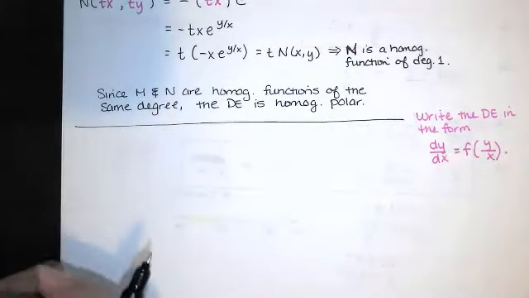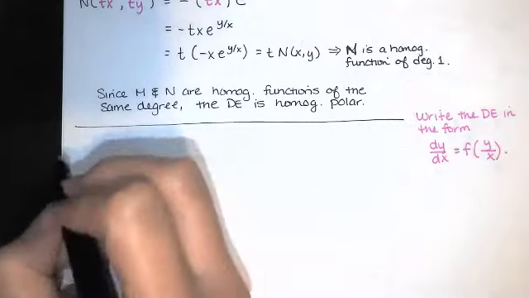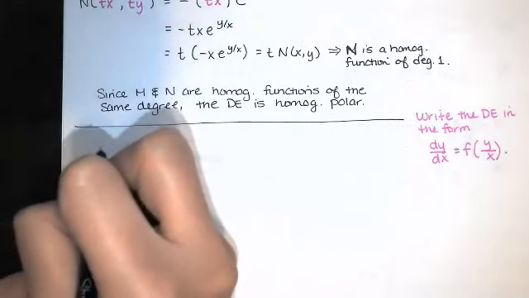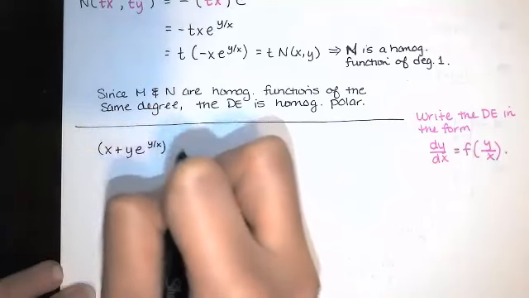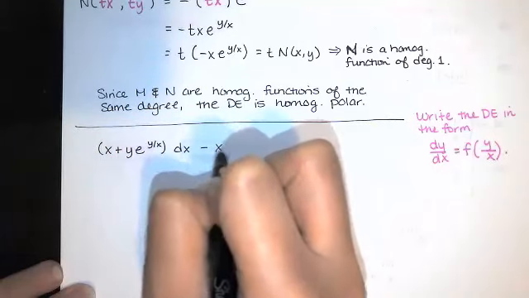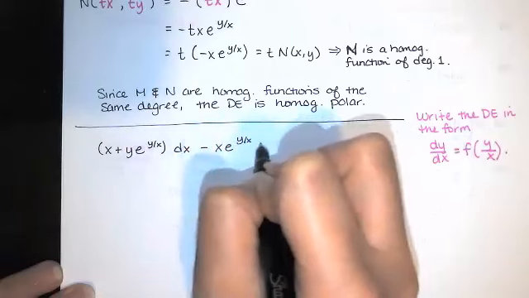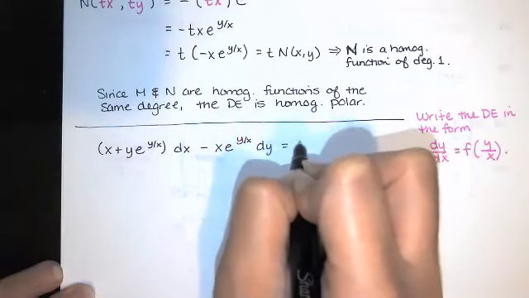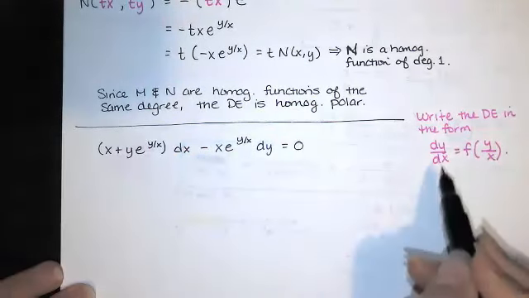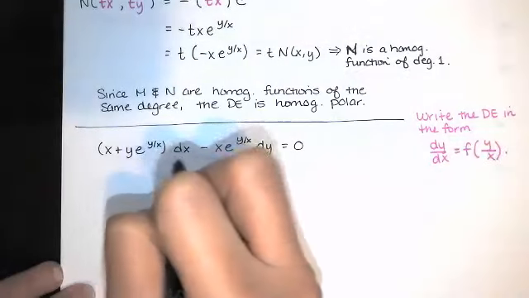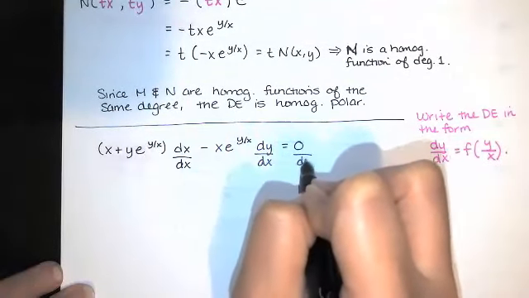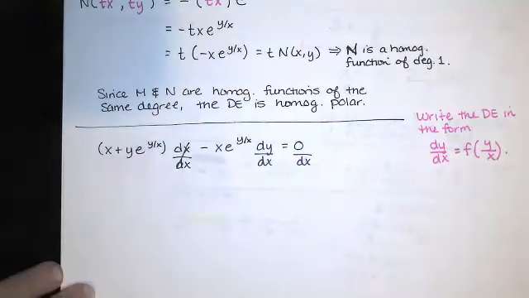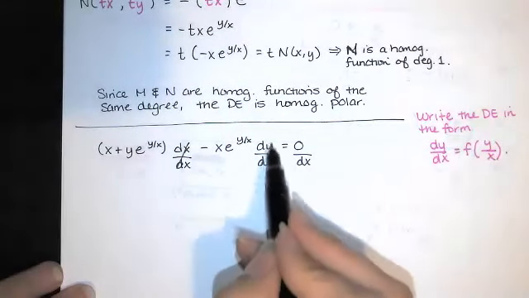It makes it easier for me to see, just at first glance, whether the differential equation is homogeneous polar or not. So I've got x plus y times e to the y over x times dx minus x times e to the y over x times dy is equal to 0. And we want to get dy/dx by itself, so we're going to divide everything by dx. The dx is reduced, and now we're here.